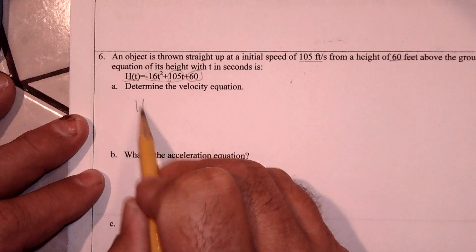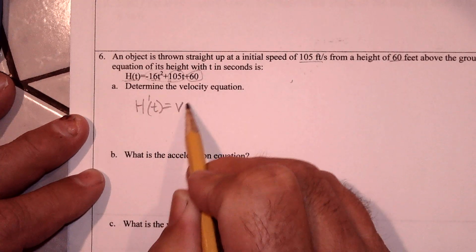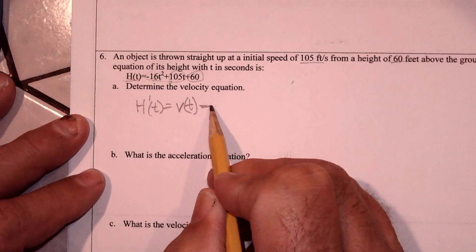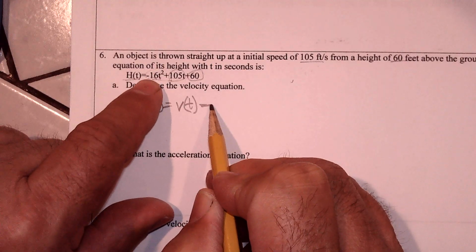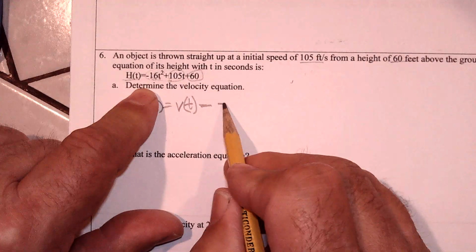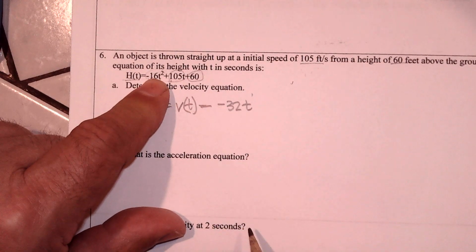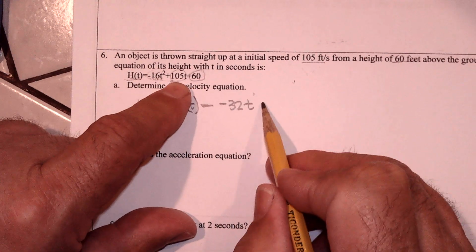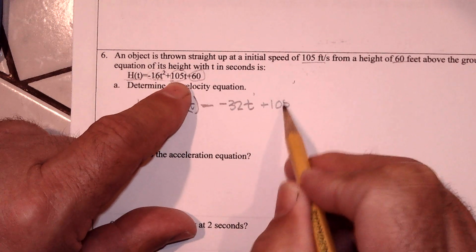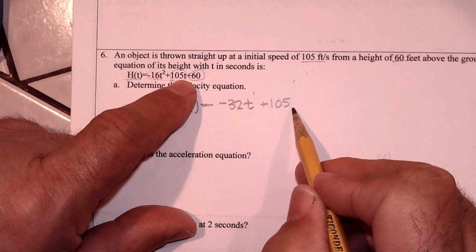So h prime of t is the velocity equation, and the derivative of negative 16t squared, you take the 2 down, that makes negative 32t to 1 less power. And the derivative of this is plus 105t, the 1 comes down and makes t to the 0, which is 1.